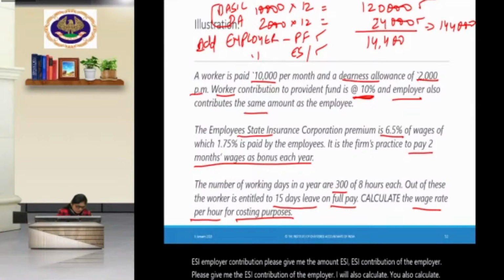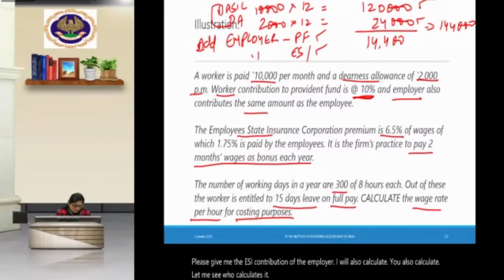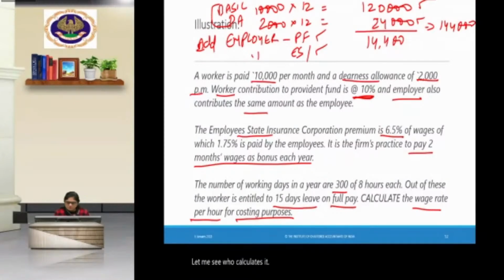Let me see who calculates it. Okay, can anybody give me the ESI contribution of the employer? We'll be calculating the bonus, Danish, don't worry.